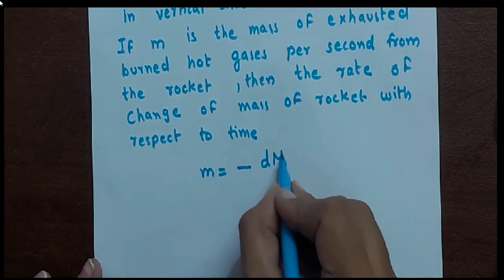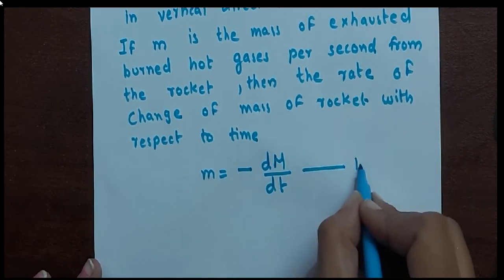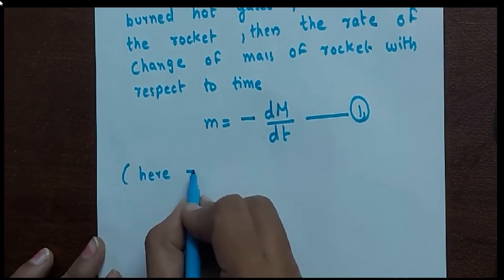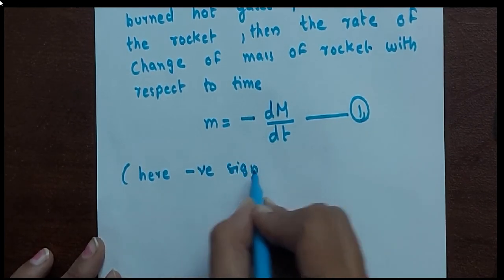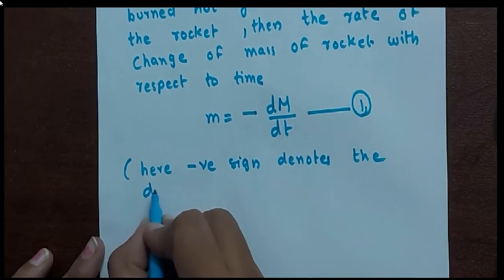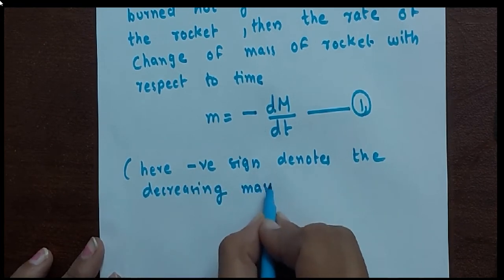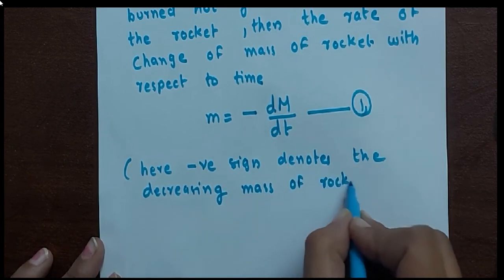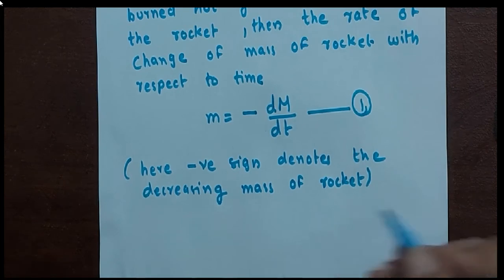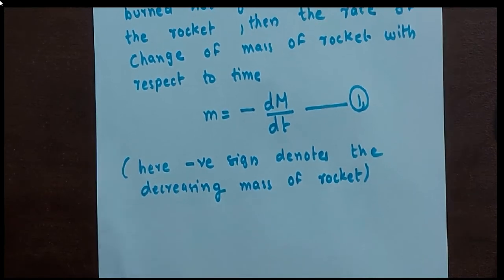Equation 1. Here the negative sign denotes the decreasing mass of the rocket. Remember students, the mass of the rocket is highest when it is on the surface of the earth. When it starts moving, it will start decreasing.